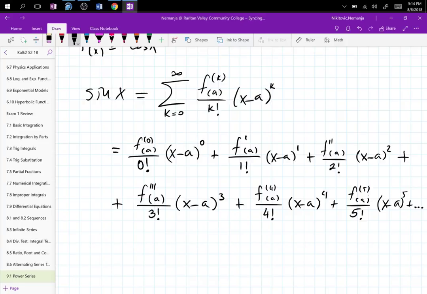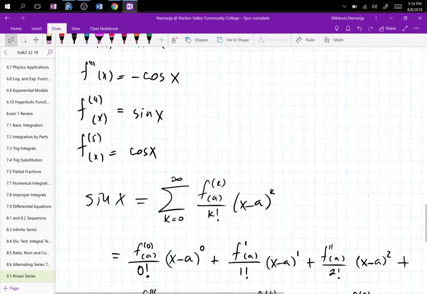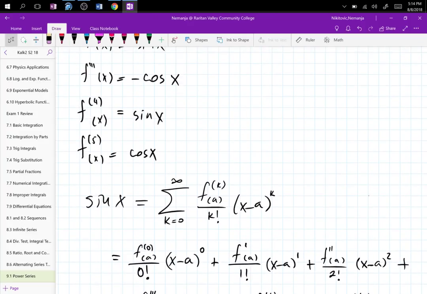So what do I do with this? Well, we just plug in. These are the definitions that you should know. The 0th derivative computed at a is just f of a. So the 0th derivative of the function is actually the original function. And 0 factorial is defined to be 1. 1 factorial is also defined to be 1.